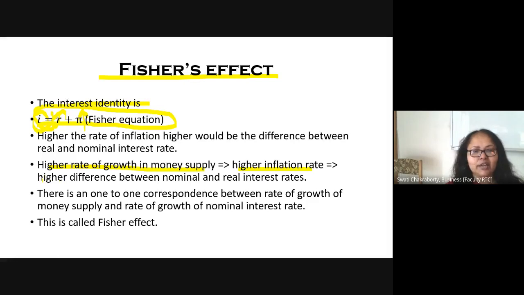And higher inflation rate means the difference between nominal and real interest rate goes up, right? So more money supply, higher is the inflation rate, and so the difference between nominal and real interest rate increases, right? And we know that there is a one-to-one correspondence between the rate of growth of money supply and the rate of growth of nominal interest rate, which is called the Fisher effect, right?